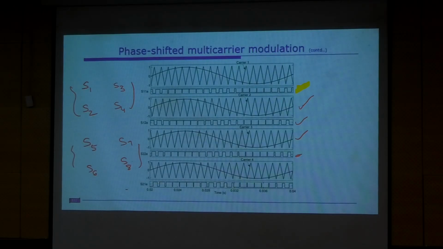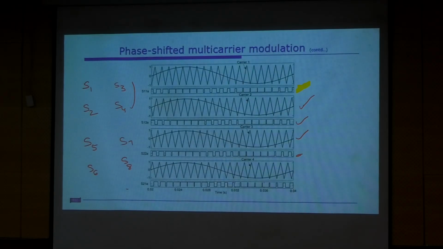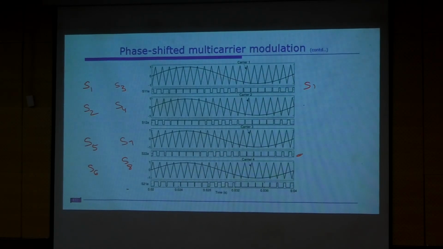Understood? Now you compare the first one. Whatever you obtain from here will directly go to the S1 switch, and the complement of this one goes to the S2 switch.